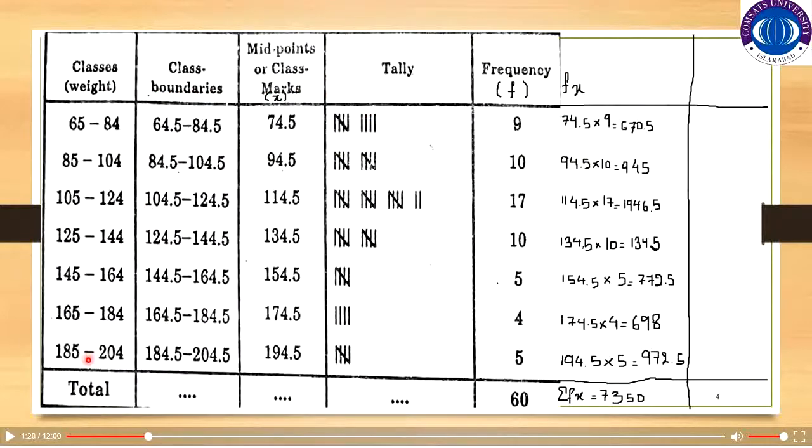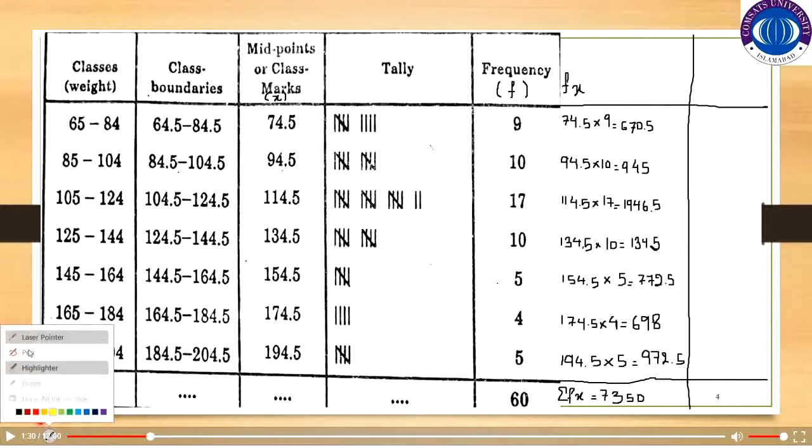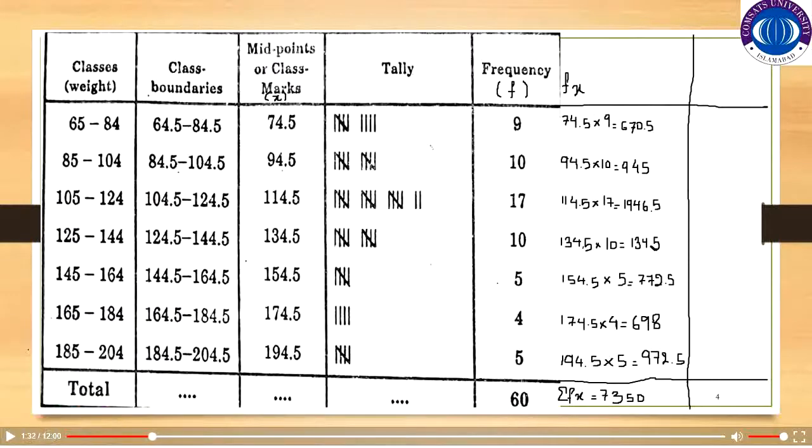Now, we will calculate arithmetic mean for this group data set, in which we are given with class intervals, class boundaries. We also have midpoints, or we can say class mark, frequency. First step we have to do is create f of x.